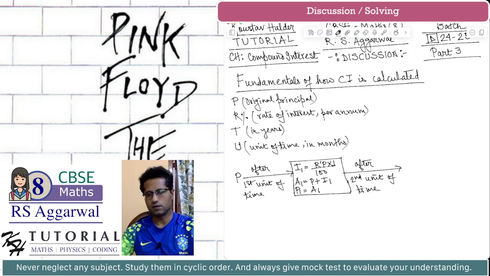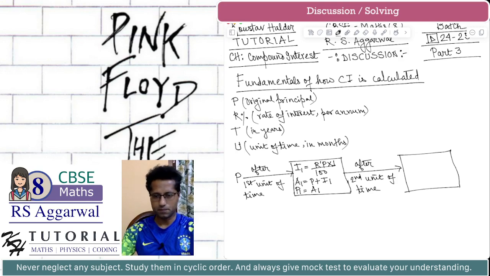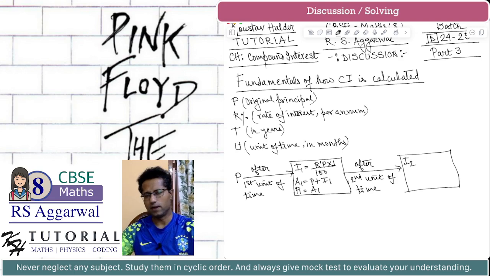So again we will have to calculate the interest. So after every unit of time, we calculate the interest based on the current principal, and the principal is changing every time.